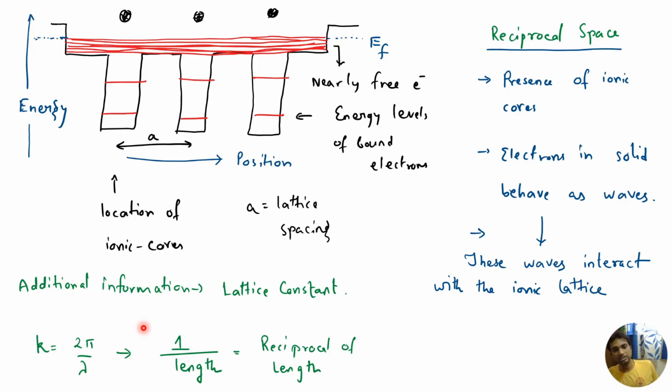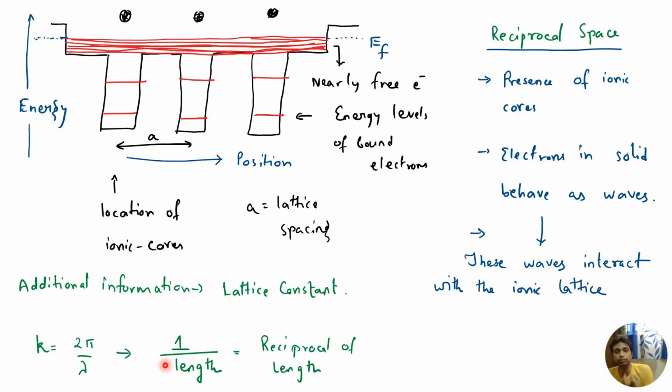But like we had seen, energy can be represented as E equal to h bar square k square by 2m. And this k is nothing but related to your de Broglie wavelength. This tells you what should be the order of the wavelength which will interact with the system. And therefore, if we can somehow represent this system in the space of k, as 1 by length or reciprocal of length, so the space of k is also called the reciprocal space.